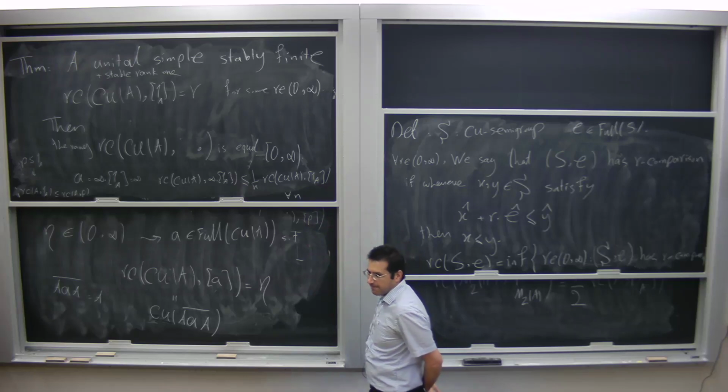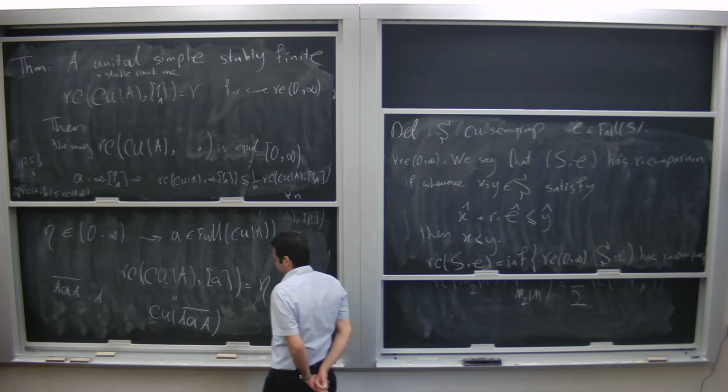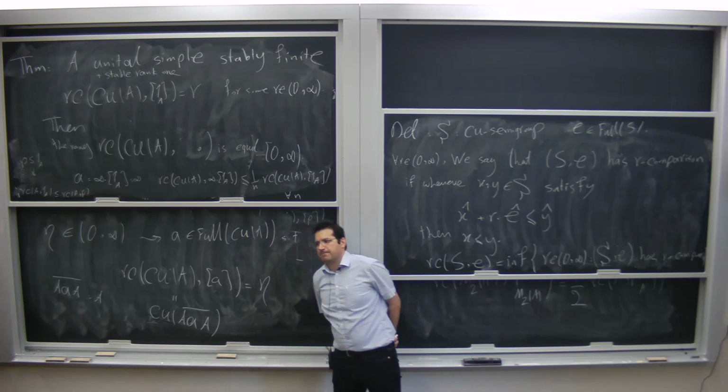You would have to, if you're talking about the distinct isomorphism classes instead of just the values of the relative radius of comparison, stick to, well, of course. If you allow non-unital, then you get the whole continuum.